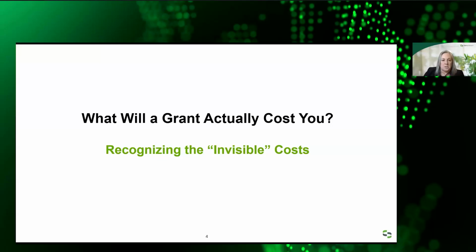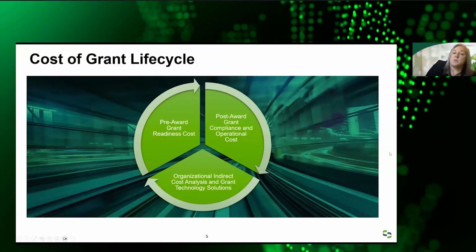So the first thing we're going to look at is the cost of a grant life cycle. We have this in three parts. First of all, you have your pre-award grant readiness costs. These are all the costs that you're going to incur before you even get your grant, when you're looking at your grant, before you apply, that definitely or may be incurred and will affect your ability to comply with the grant.